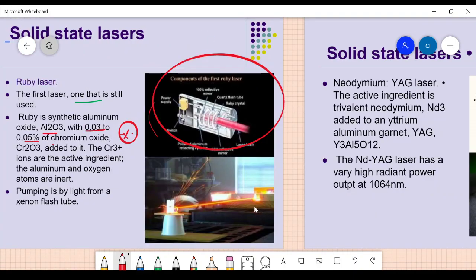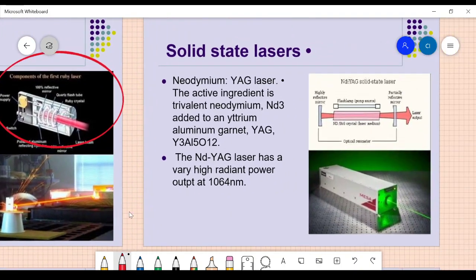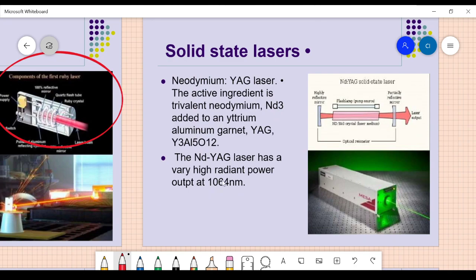In solid state lasers, the Nd:YAG laser has an active medium of trivalent neodymium added to yttrium aluminum garnet. Y3Al5O12 is the garnet. I think you've seen spinels, right?